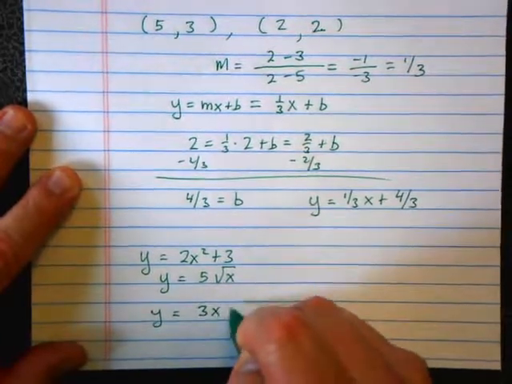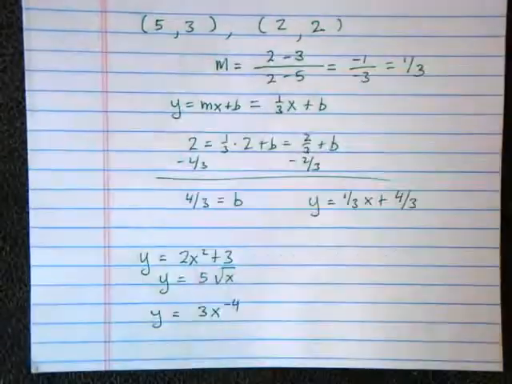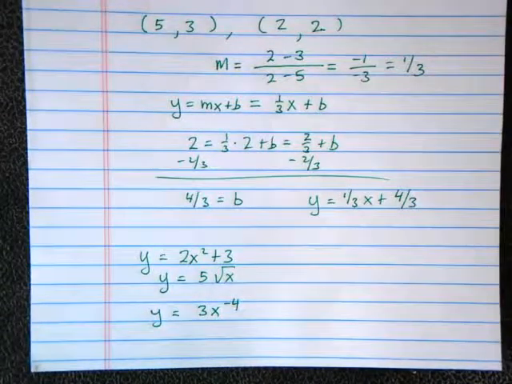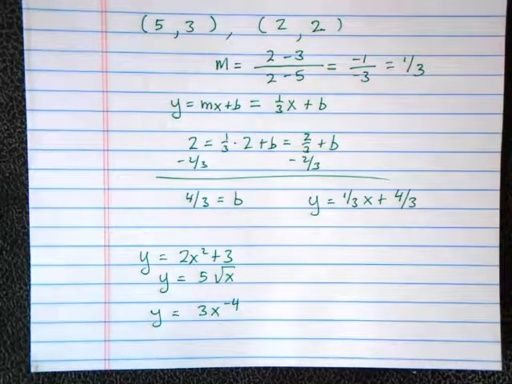Y equals 3x to the negative 4. Is that a line? Yes. Anybody want to vote for no? How could you tell?